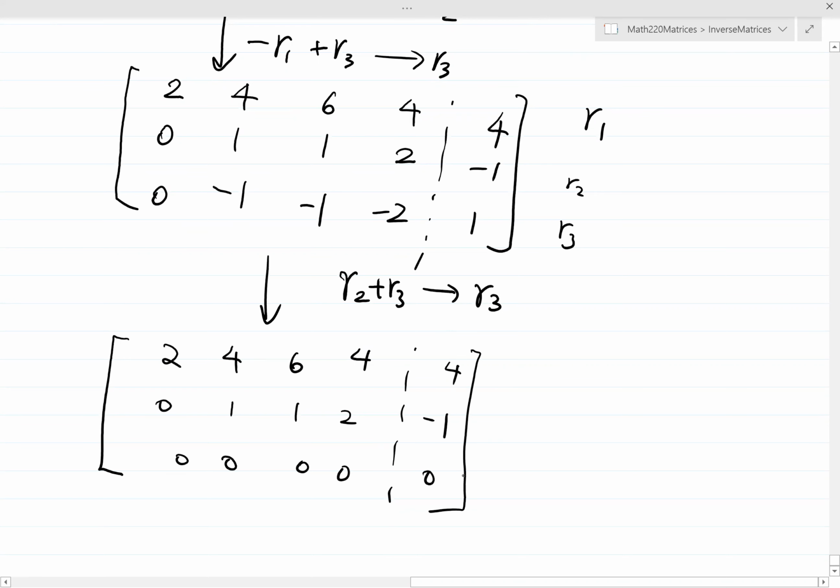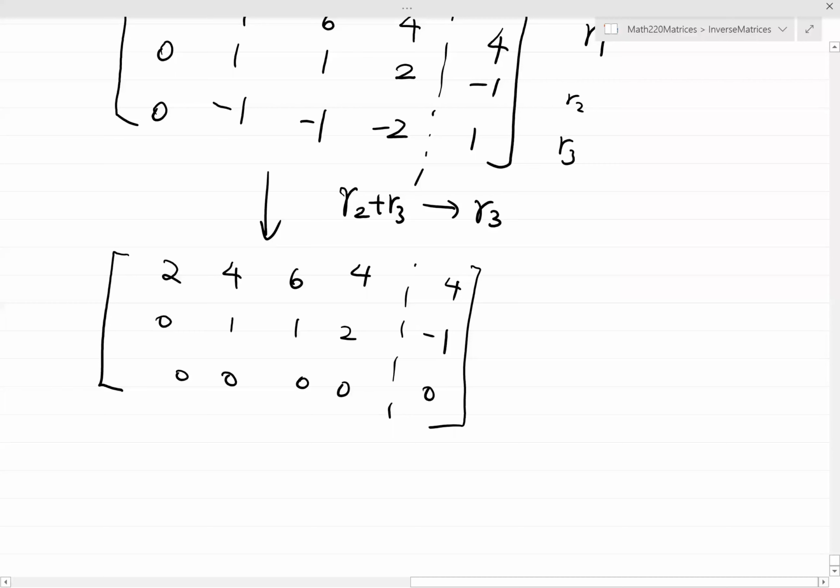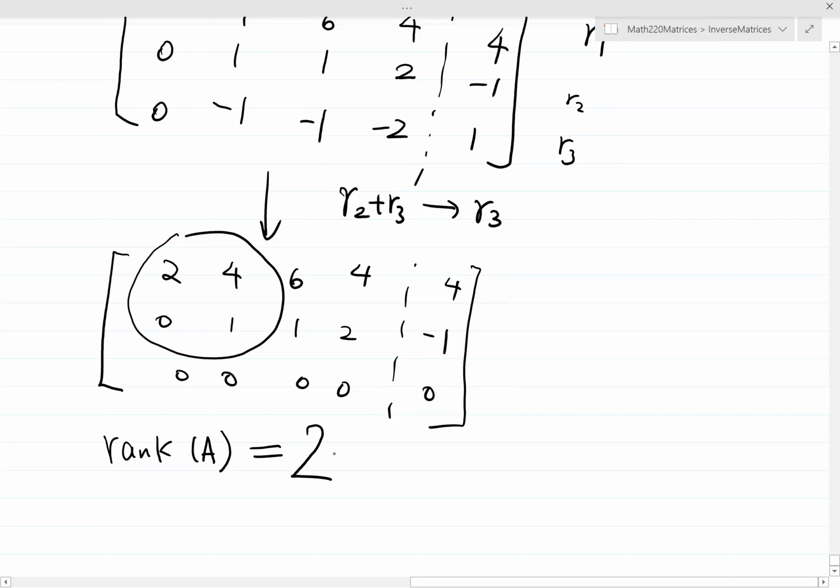So you see, the rank of A comes from the first two rows. Rank of A is actually 2. The last row of A is 0 and does not span anything.